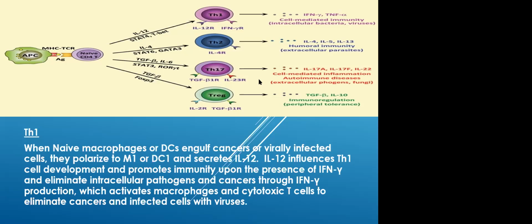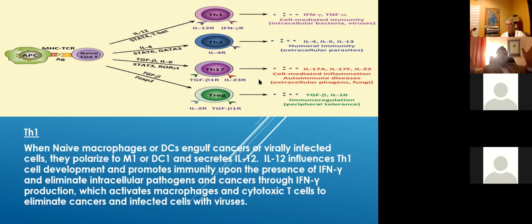If the macrophage ate cancer cells or virally infected cells, and they start secreting interleukin 12, then the naive T cells will polarize, develop, and become Th1.